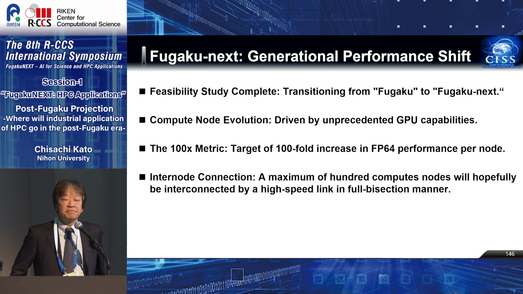I'm not giving the exact number, but at least the compute node evolution is driven by unprecedented GPU capabilities, like the next generation of GPU. I'm just predicting, I'm not committing, maybe 220 teraflops per GPU. Okay?